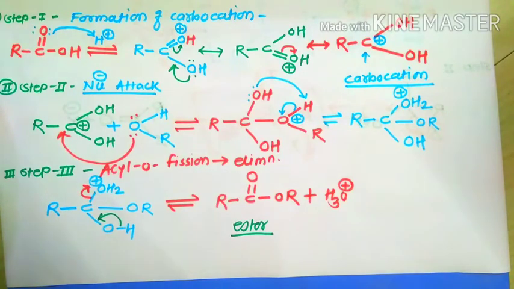This step second is a slow step, the rate determining step. Therefore, if either the acid or alcohol has a bulky group, the rate is further decreased due to steric repulsion. Therefore, the step second is a slow step.